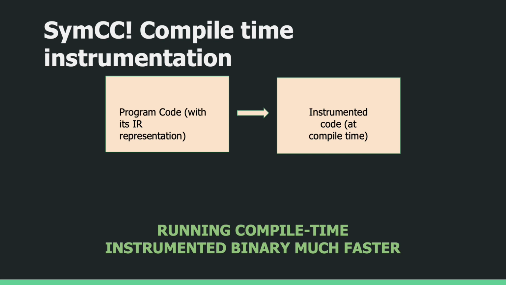So once you do it at compile time, the binary itself has all the abilities to symbolically execute itself and generate new program paths using it. This leads to much faster symbolic execution, as we'll see later. So that is the first major improvement that SymCC proposes over existing techniques, because none of them use compile-time instrumentation.